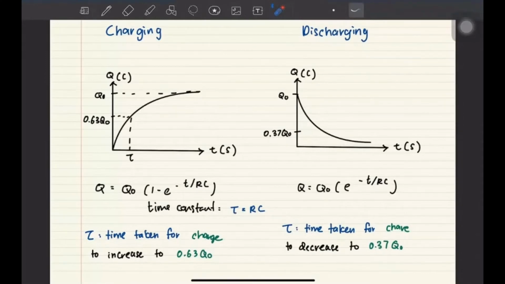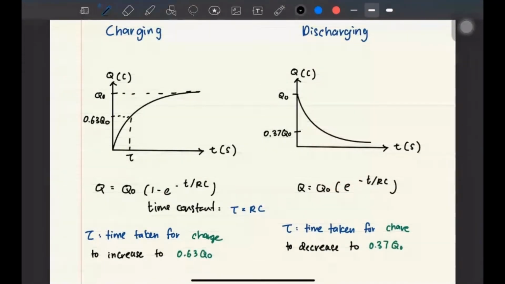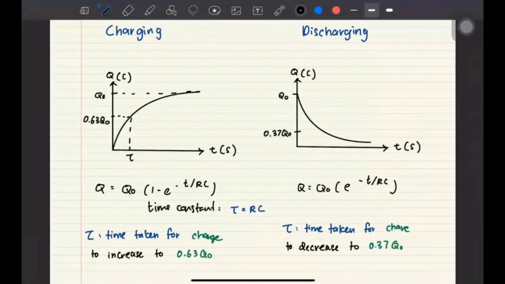Okay, for discharging pula, equation dia tu tak ada satu tolak. Kamu perasan kan? Yang untuk charging kamu ada 1 minus, yang discharging tak ada. Okay, tau dia sekarang ni berbeza sedikit in terms of definition.